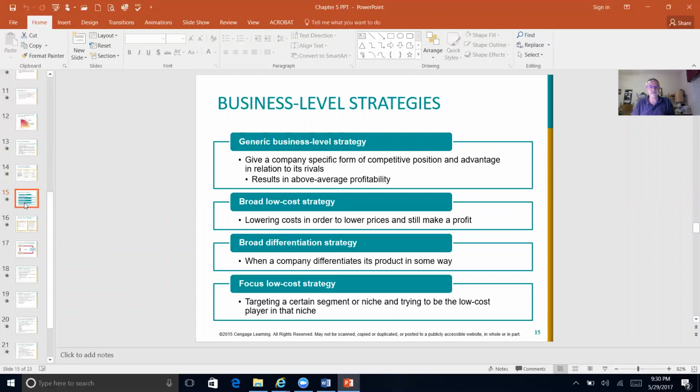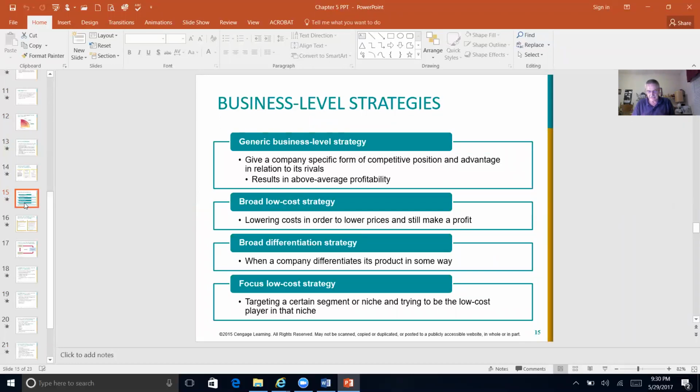So here's another example of the different generic business level strategies over on page 165. And this is the verbiage that goes with figure 5.4, again, there on 165. It is really going to depend on the type of strategy the company pursues and the different market segmentations it wants to go into.